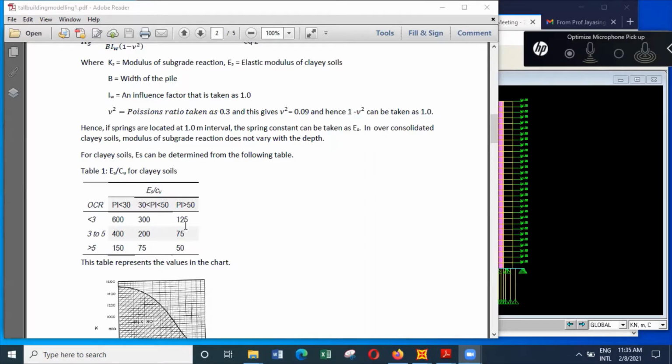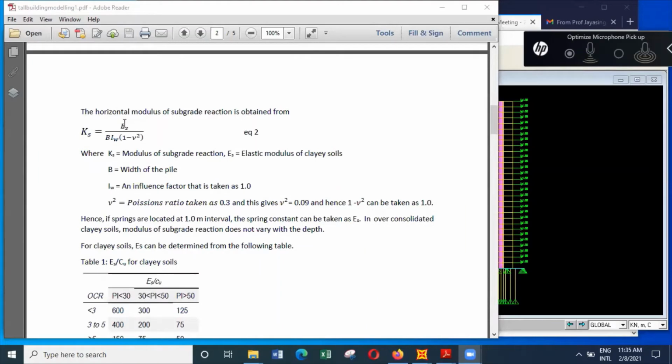So based on that, I can substitute here 1687.5, and this influence factor is 1. 1 minus mu squared is 0.9, that's about 0.9. If I take that also as 1, then you can see the width, the diameter of the pile, is 1 meter.